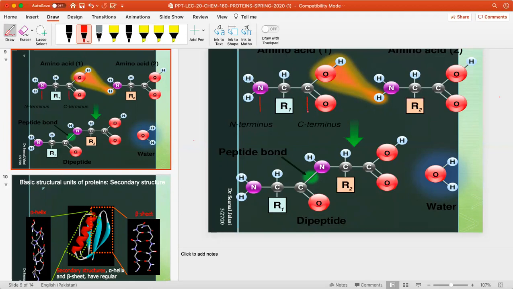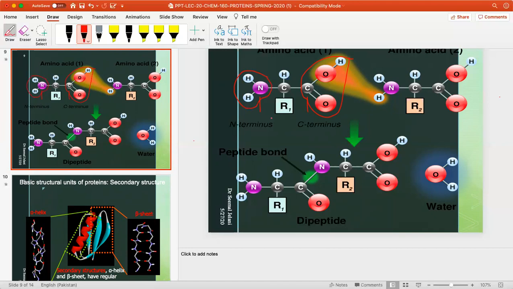Now C terminus is from the carboxyl group, ठीक है, this whole is the carboxyl group, right? So this N is from the amino group, so this is the amino group. It means that these two are involved in the peptide bond formation.